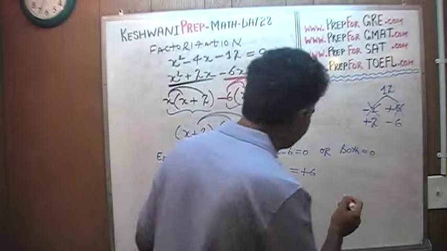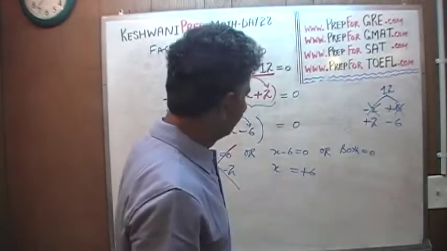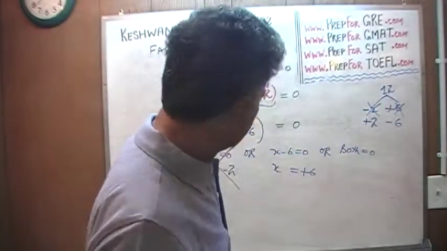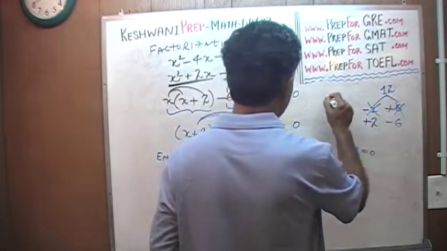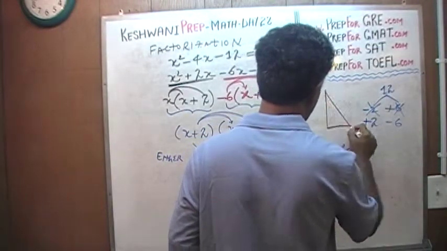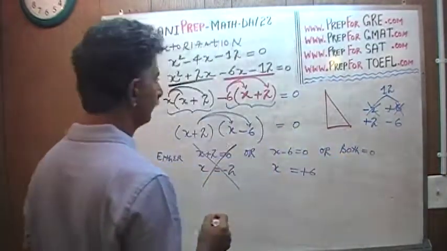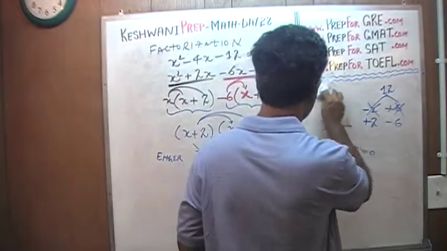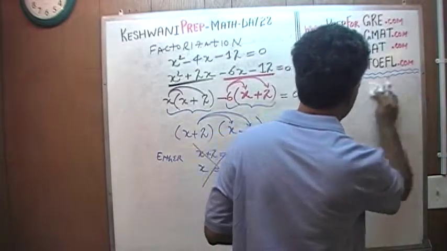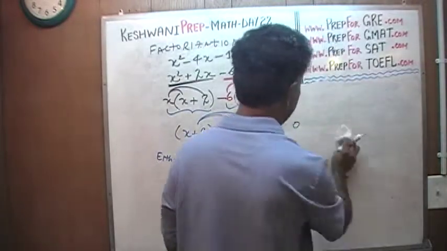If our x is 6, let's see, where should we put it? I'm going to erase this part too. I need the room.